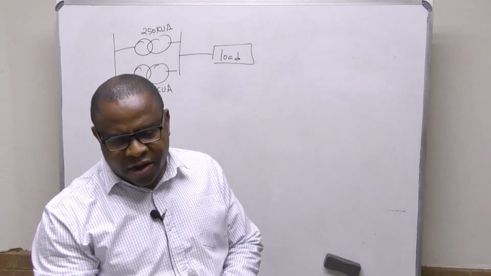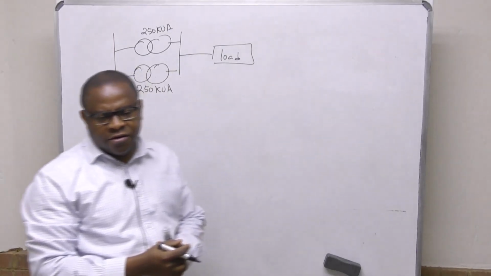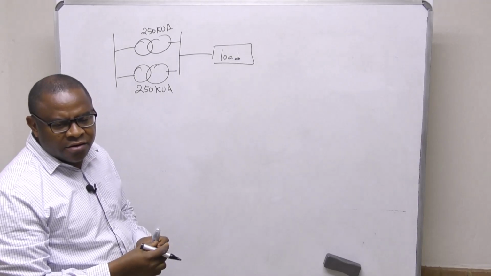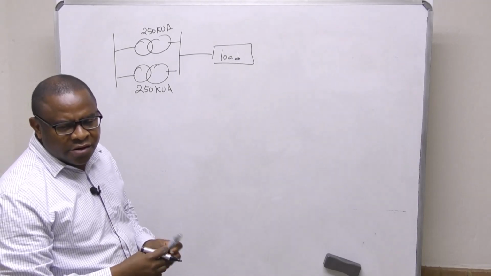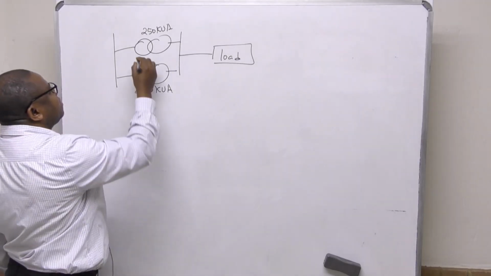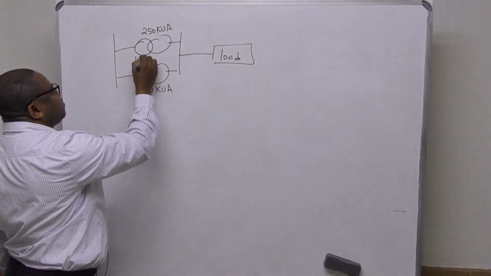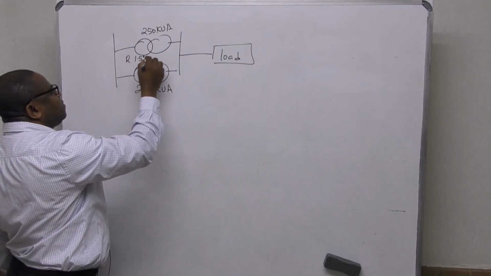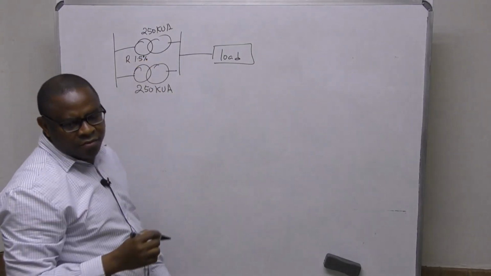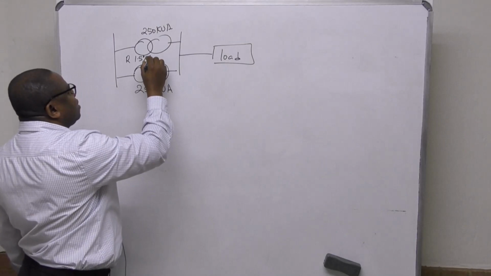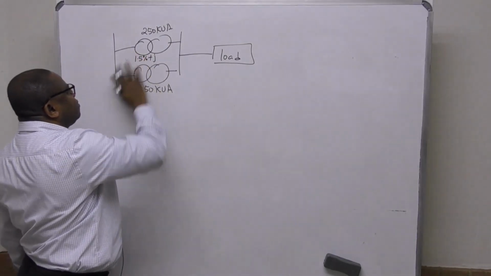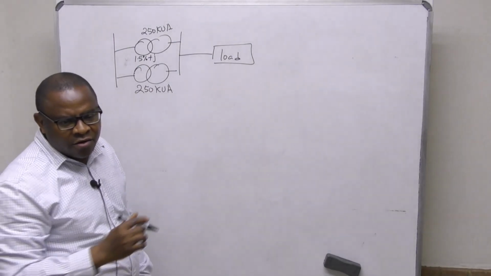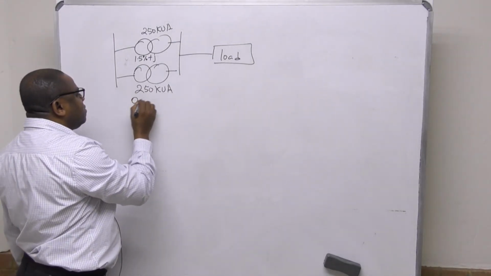And we have the voltage ratios, their resistances and reactances. Resistance 1.5%, and the other one is 0.9%.